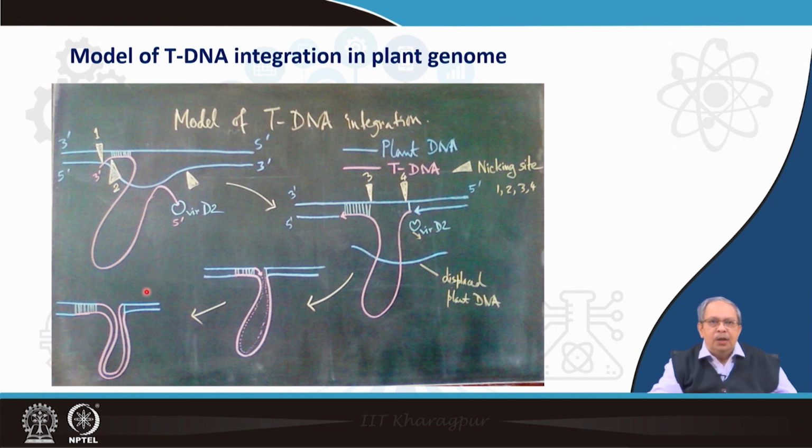So, the single-stranded Agrobacterium tDNA, with the help of plant enzymes, makes the double-stranded form and then it is totally integrated into the plant genome. So, the single-stranded tDNA which enters is now properly integrated, becomes double stranded, and becomes a part of the plant DNA.